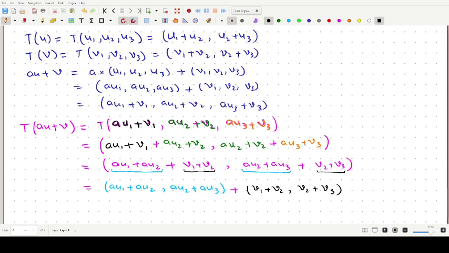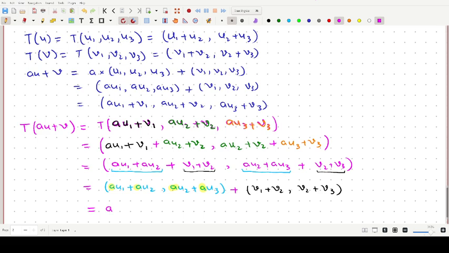We are nearly done actually, but we just need one small thing to be done here, right? So you can see very carefully that there is a A associated with each term in the first vector, right? So we are going to take this A out, and that would give us the following.